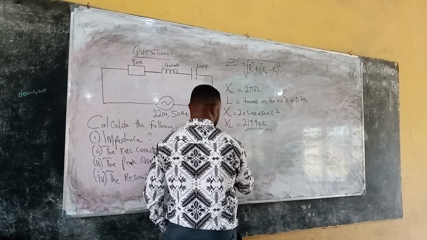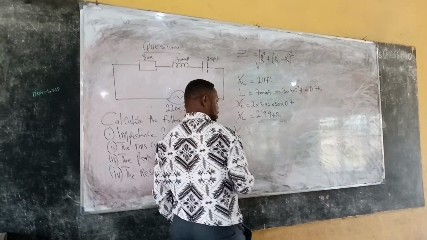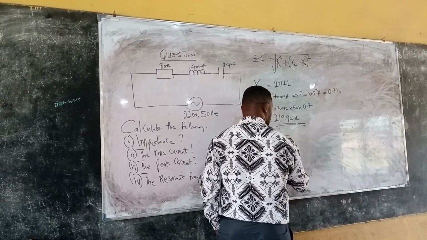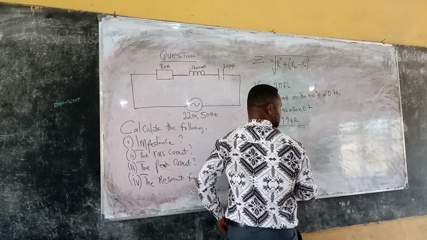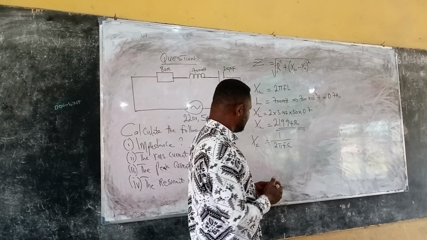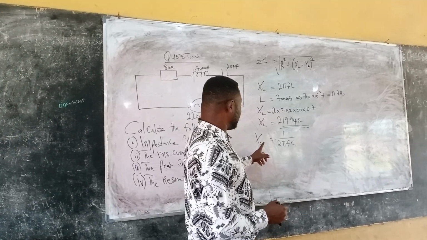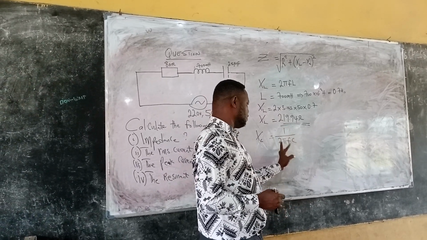So our XC, capacitive reactance, the equation is 1 over 2 pi FC. Some students confuse themselves between XL and XC. Anytime you see XC, it's always 1 over.